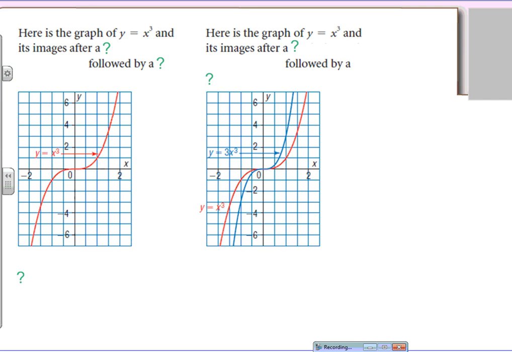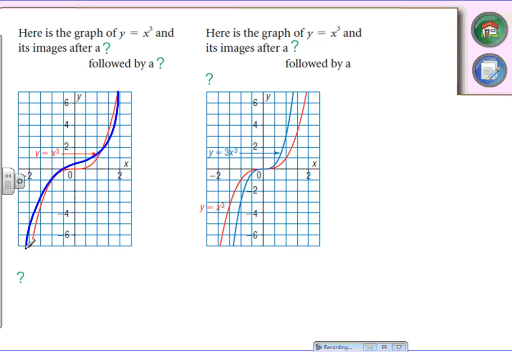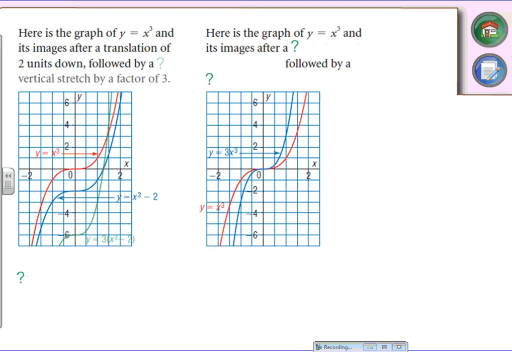All right, page 220 there shows you a little bit about order, what I was just talking about. So, graph of y equals x cubed. We've got it going right there. Perfect. So now, first thing we're going to do, translating 2 units down. If we do that first, and then we take a vertical stretch by a factor of 3, we get that green graph.